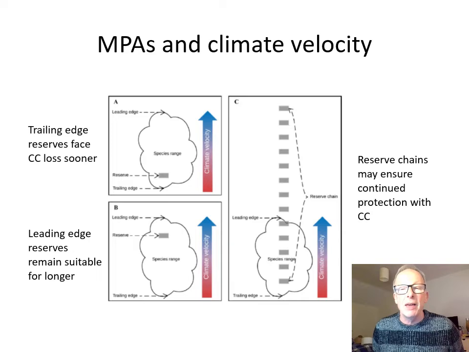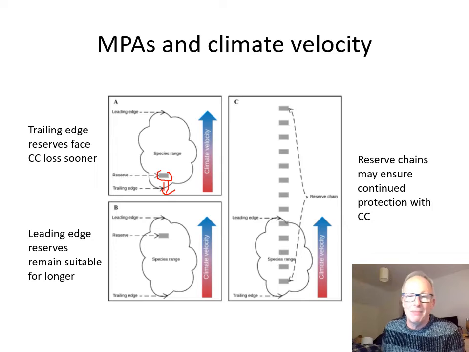At the top left here, if your reserve is towards the trailing edge of the distribution and the species range is moving with climate velocity, with that big arrow there, then you can see that little square is very quickly going to be lost outside the distribution range, and so those reserves will be rendered useless fairly quickly.